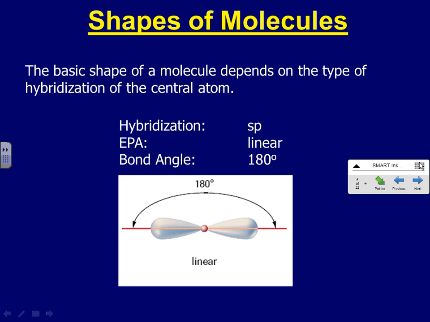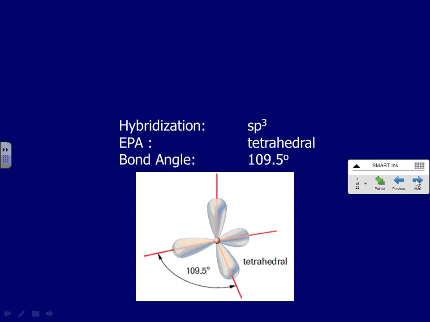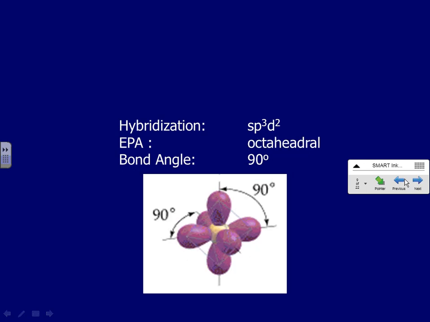So all of these slides are just reminding us that if we've got sp, we've got two bonds, and the electron pair arrangement is linear. If we've got sp2, we've got three orbitals, and the electron pair arrangement is trigonal planar, then tetrahedral, trigonal bipyramidal, and octahedral. I think we know that. We've done this step over and over again.